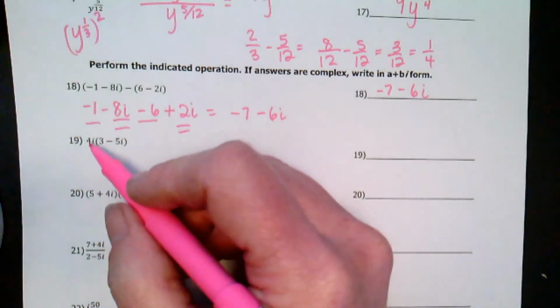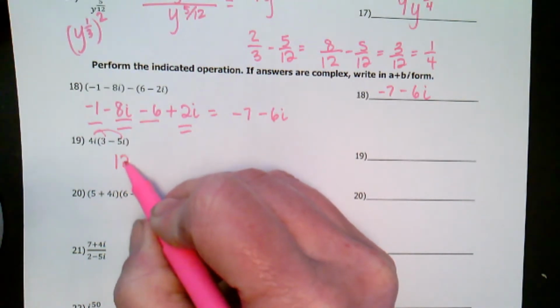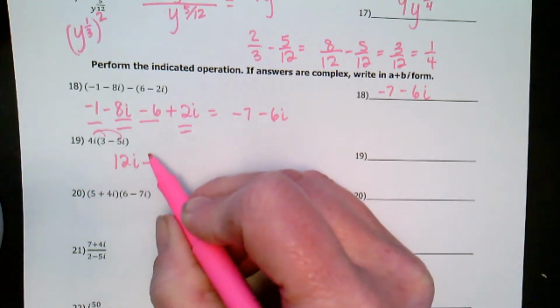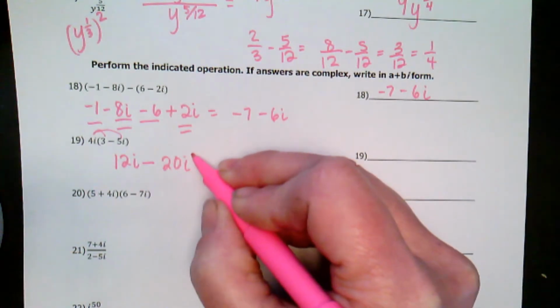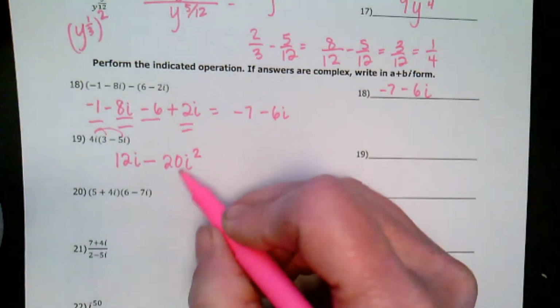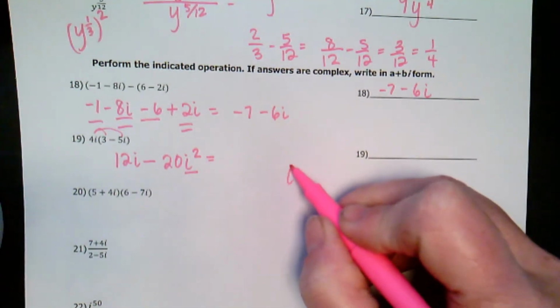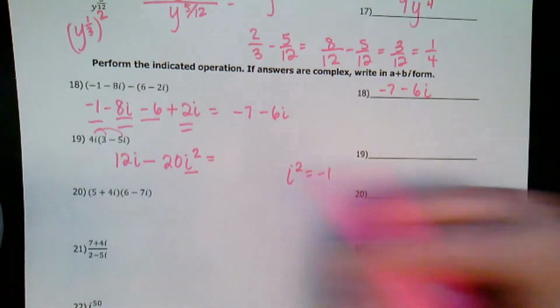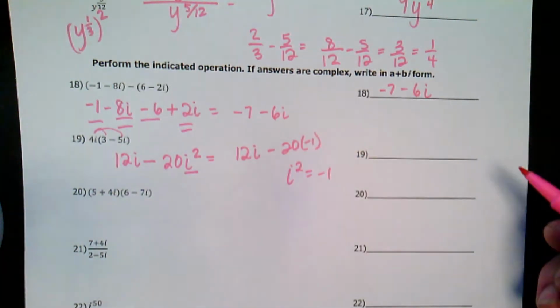Alright, 19, we're going to distribute. 4i times 3 is 12i. 4i times -5i is -20i squared. We can simplify this further because we know that i squared equals -1. So we have 12i minus 20 times -1.